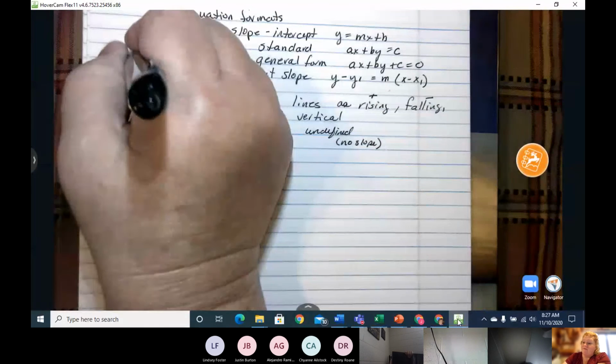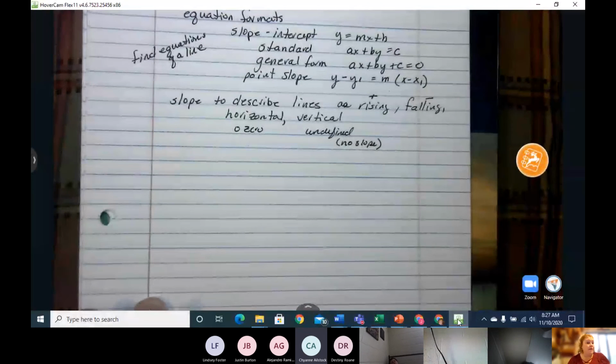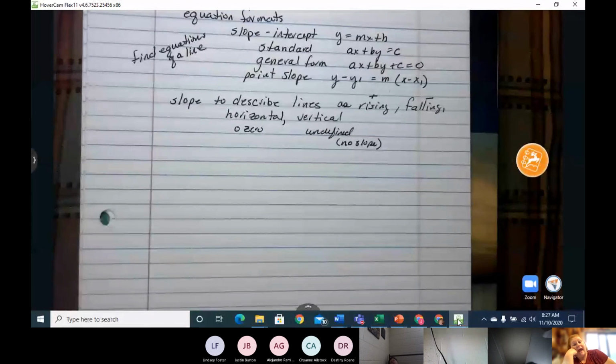With the equations, you want to be able to find equations of a line. You may be given 2 points. You may be given the graph. You may be given a point and slope.